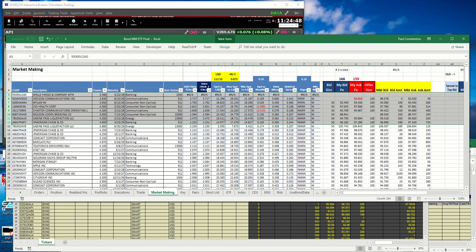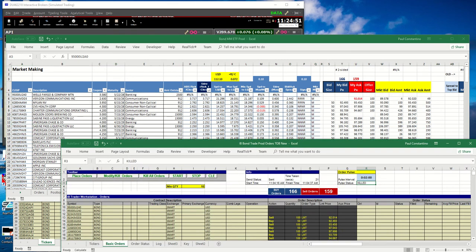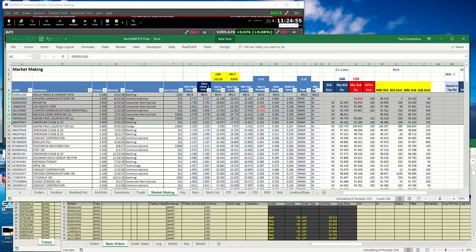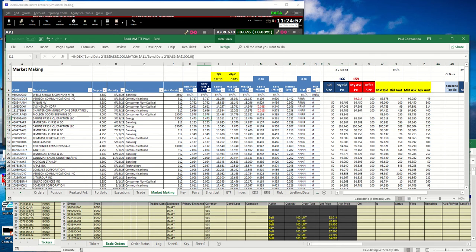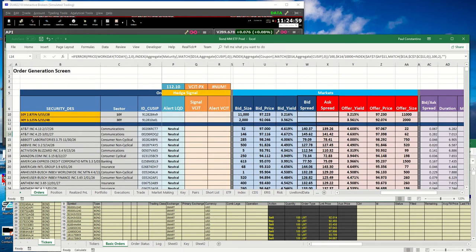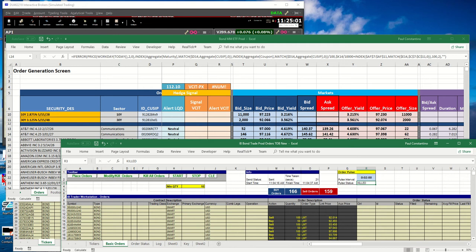So finally, we look at the automation end of this. All of these prices that were generated here from market making or here from orders feed into this order book, which is entirely automated. This provides the ability to enter in orders manually if this is something that one wants to do, but more importantly, to be able to enter in orders on an automated basis via an order pulse.